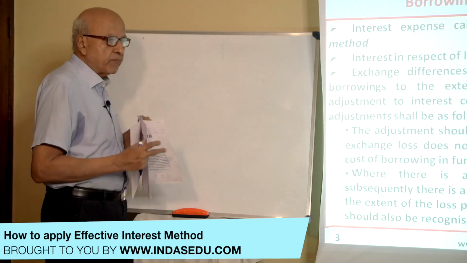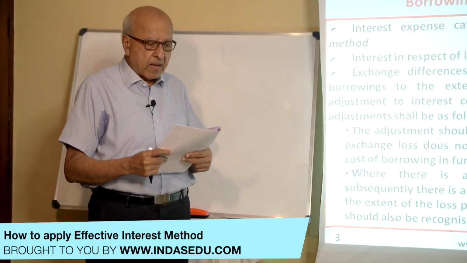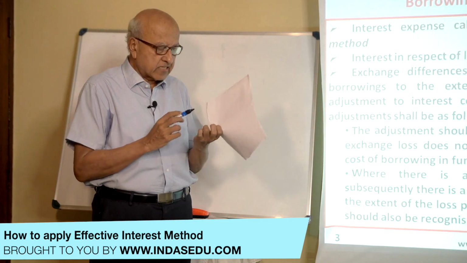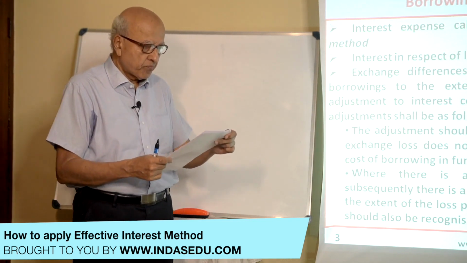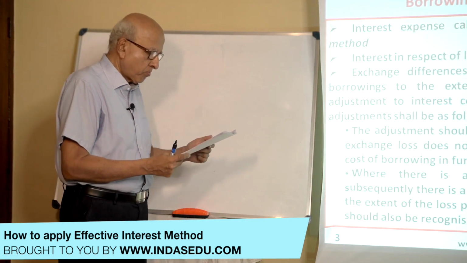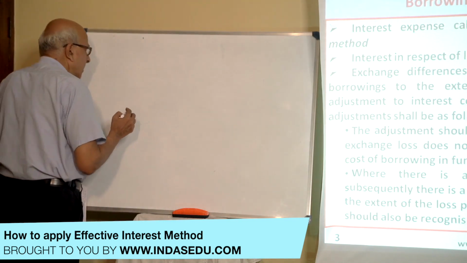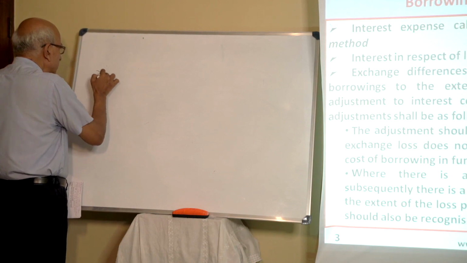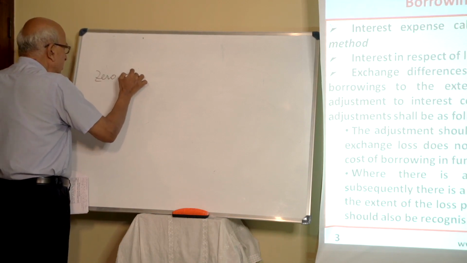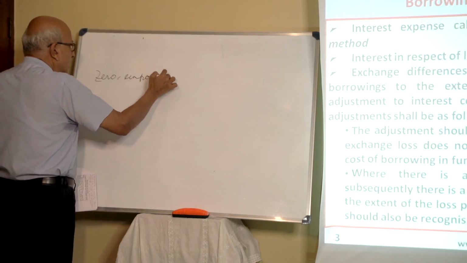Take one more example. How do you apply this effective interest method? Suppose an entity issues 0 coupon bonds.